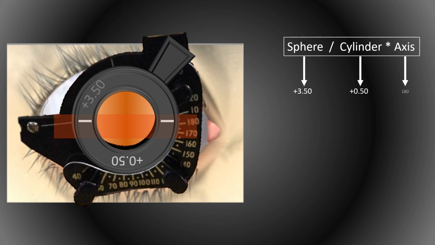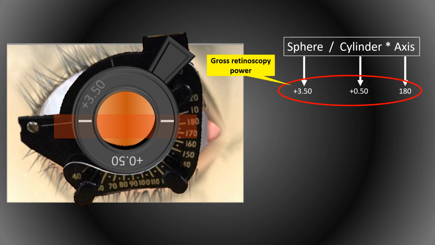The cylindrical power is plus 0.5 diopter and the axis is 180. But this is gross retinoscopy power. And for net retinoscopy power, deduct the working distance lens and cycloplegic tonus allowance. In this case, that will be done from only the spherical component.